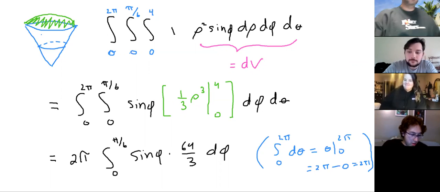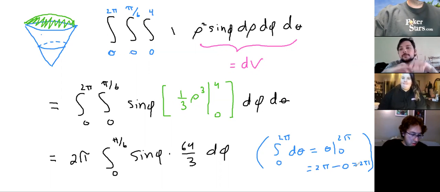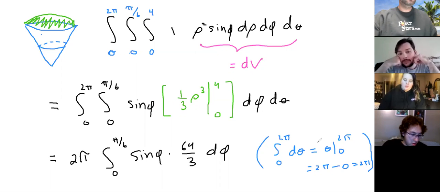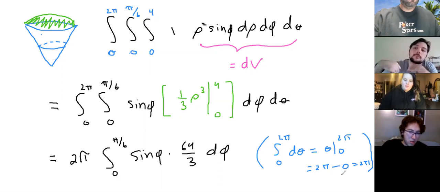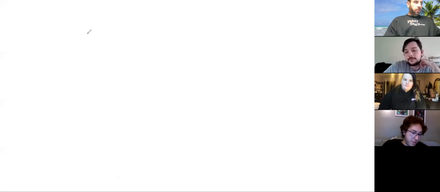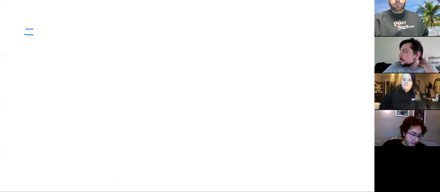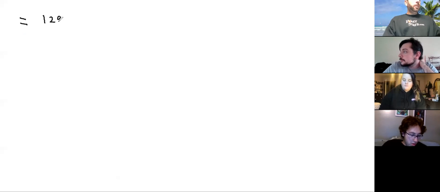So let's go to the next page and think about how we could finish this. So what does this come down to? This becomes 128 pi over 3, and then the integral is 0 to pi over 6 of sine phi d phi.